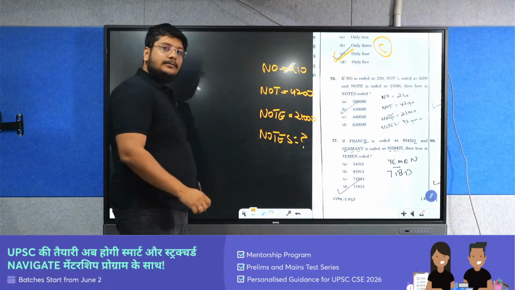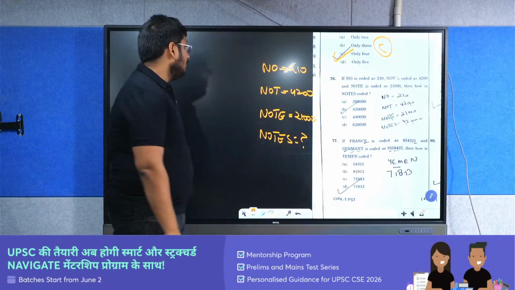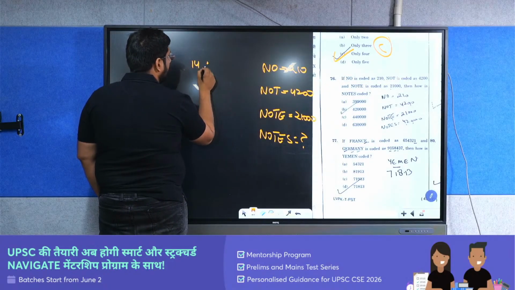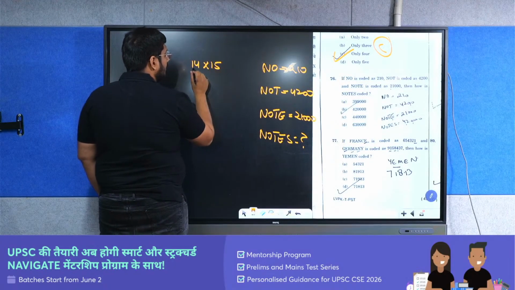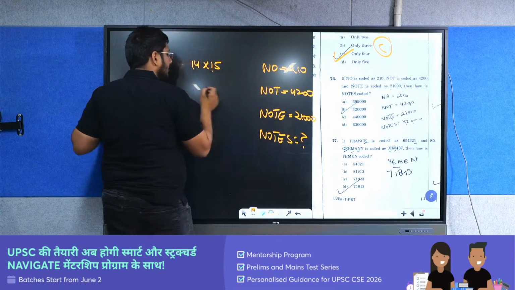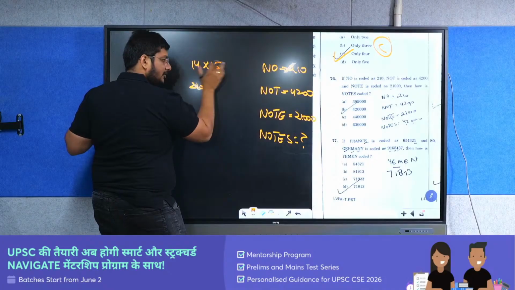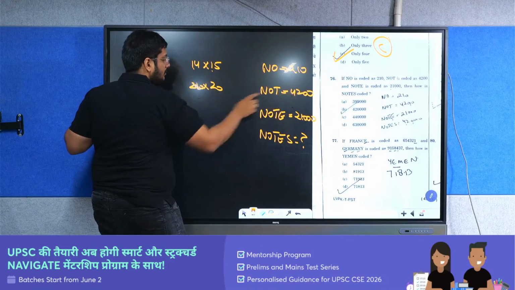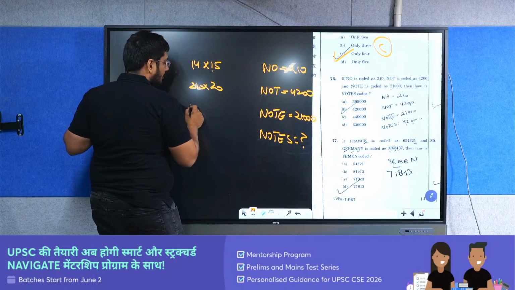We have to find how we will do. Position of N and O, 14 into 15, 210. NOT, 210, 14 into 15 into T, 20. That is 4200. Then 4200 into 5.